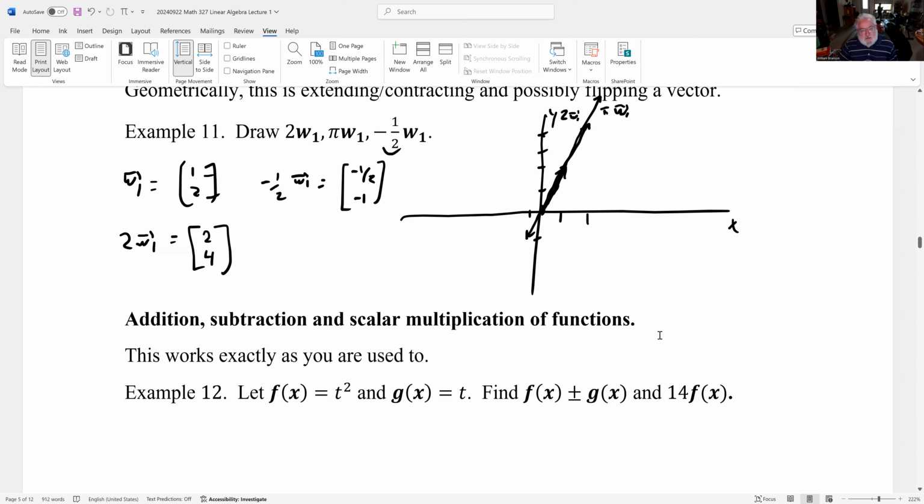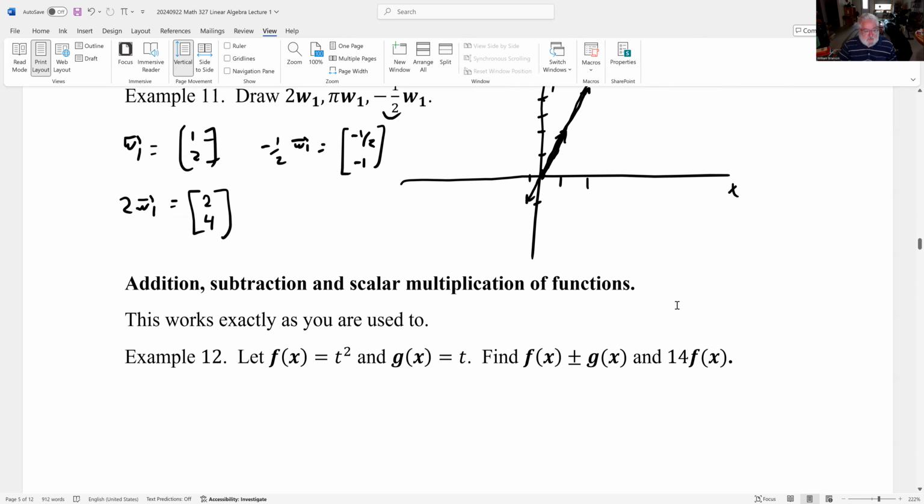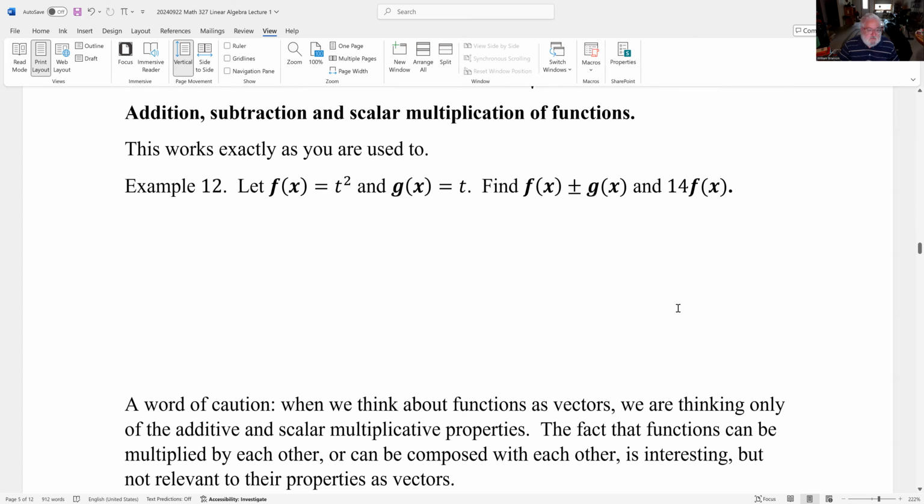So geometrically, we can look at these kinds of vectors and get some kind of a geometric understanding of what multiplying by a scalar means and what adding 2 vectors means. So what about functions? This is just what you're absolutely used to in the past. Suppose we have 2 functions, f of x and g of x.